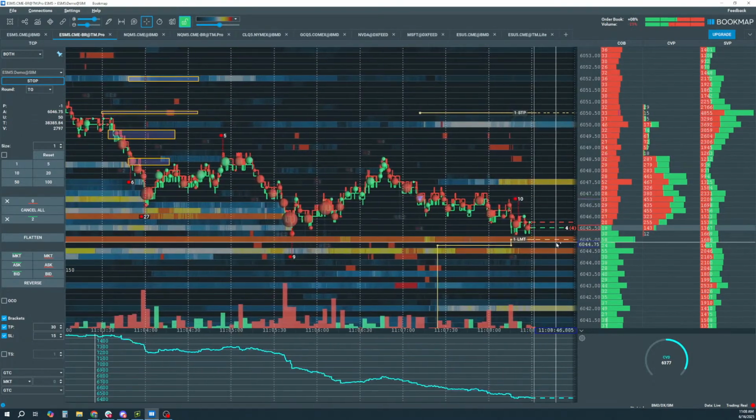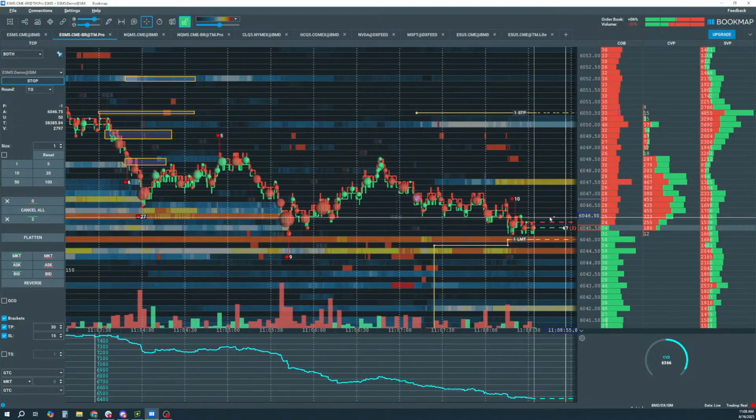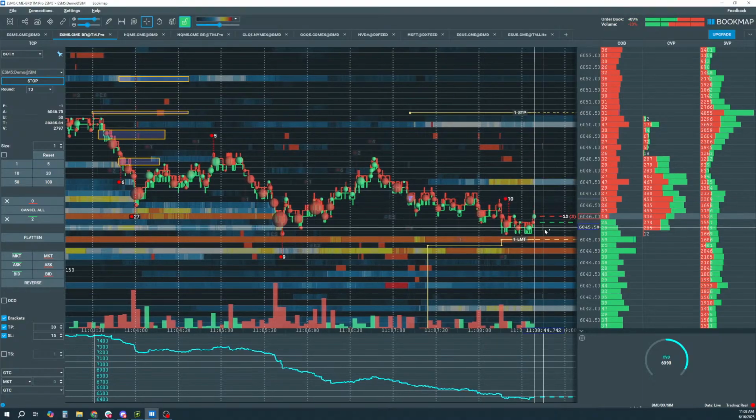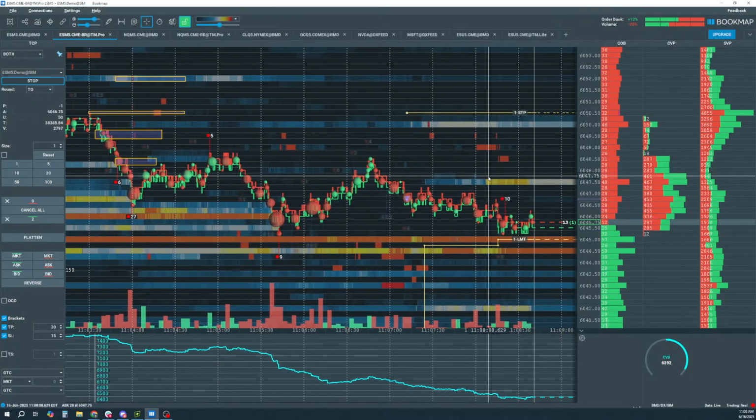Let's see it, sellers. You want to tangle with that 58 contracts here at 45, and nothing so far.